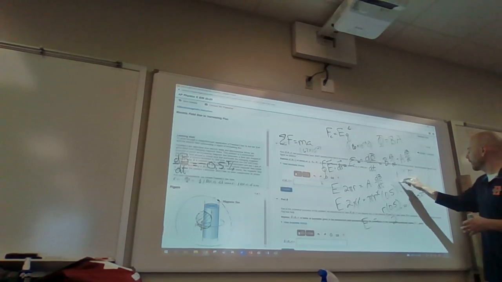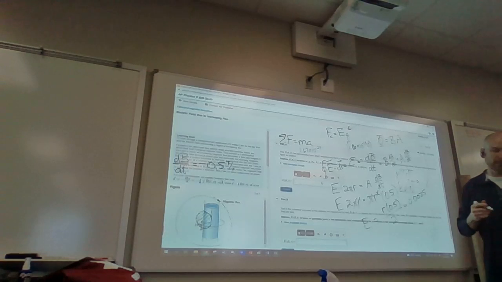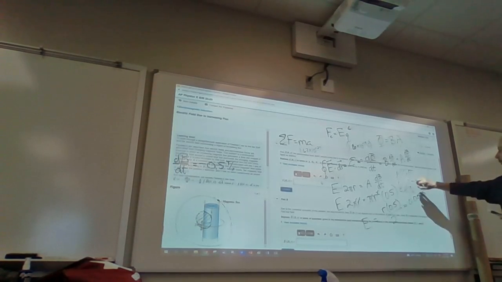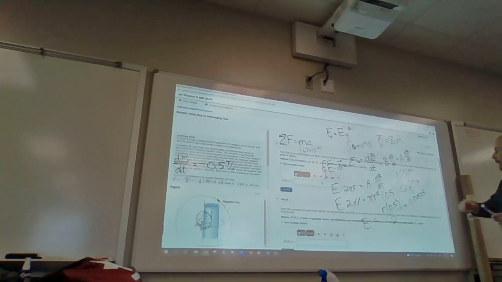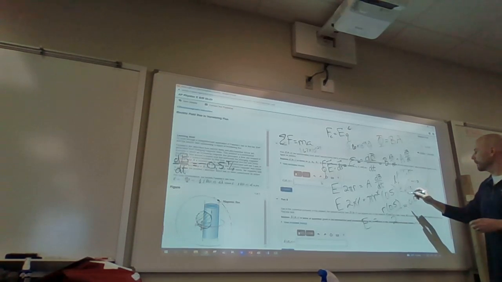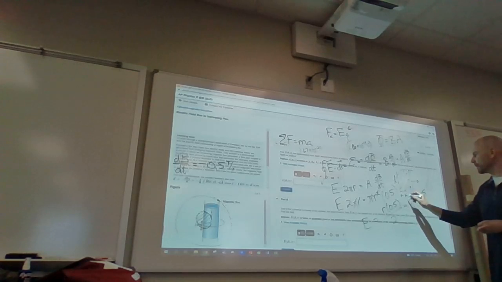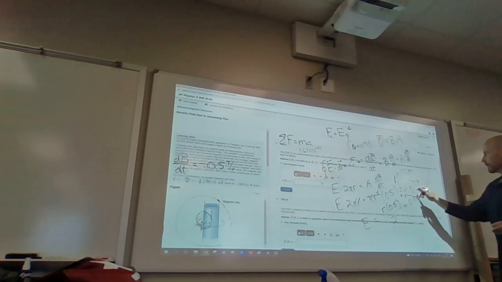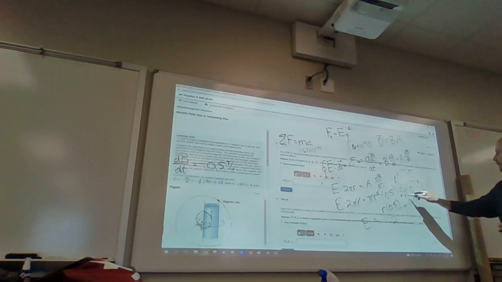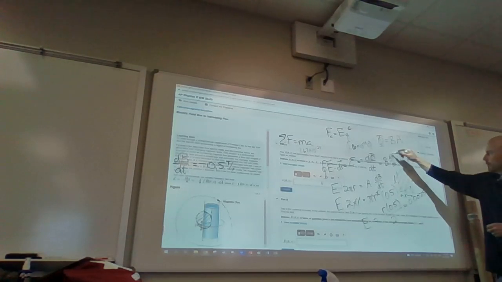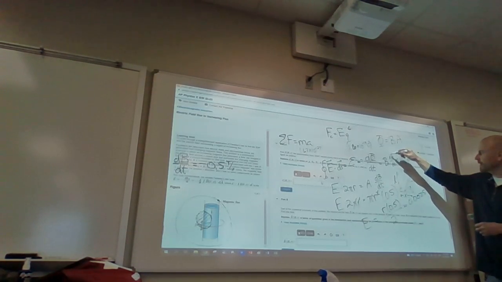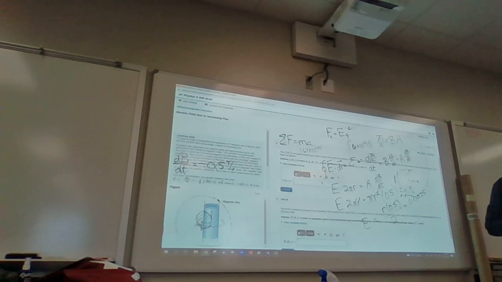And the way you figure that out, and this is such a common example problem, this area is changing, this length is staying fixed, but this dimension is changing, so the length times the velocity is the rate at which your area is changing.